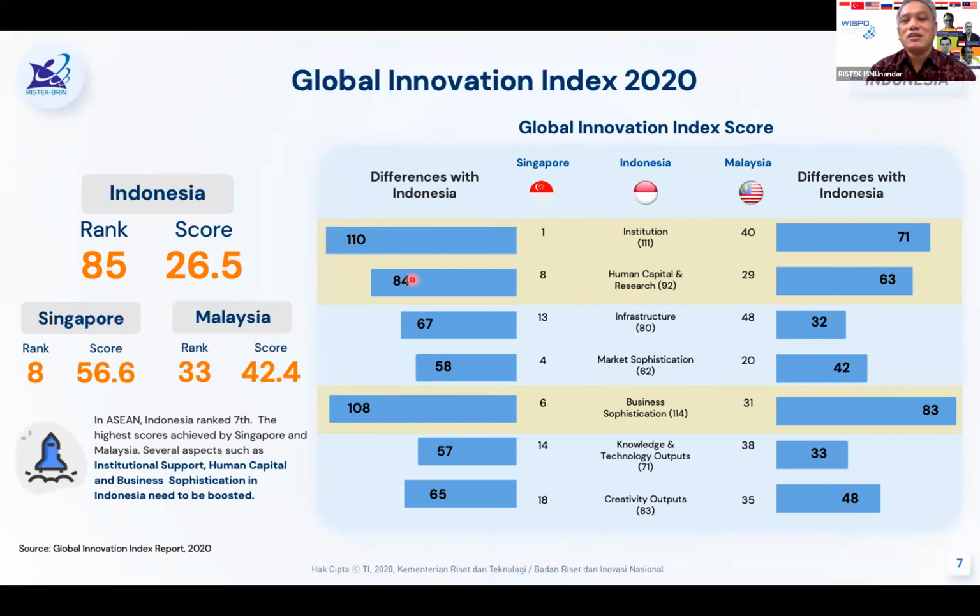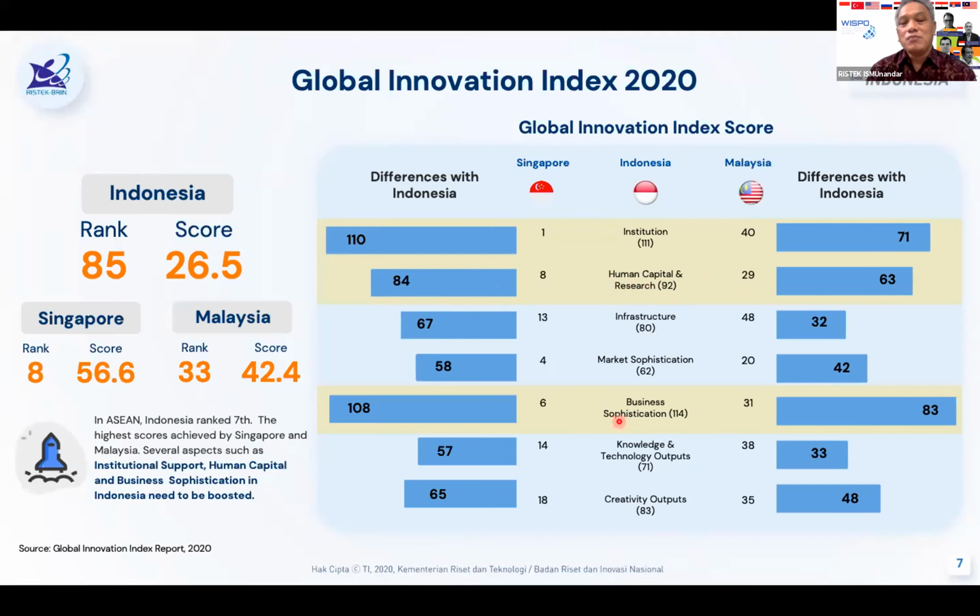So we have an 84 number difference, while Malaysia, for example, is 29. So we have to catch up a lot with our neighbors in terms of human capital and research capacity.